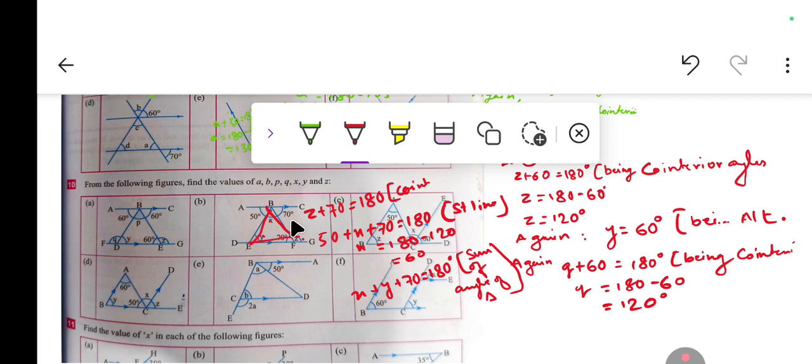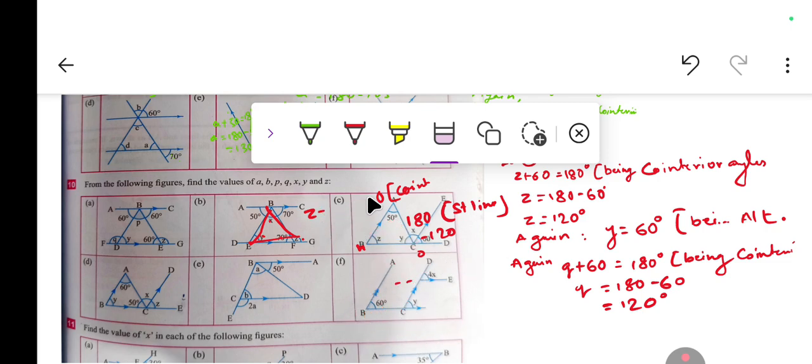If you add them, it becomes 180 degree, and you'll get the value of y by putting the value of x is equal to 60 degree. 60 plus y plus 70 is equal to 180, so y is equal to 180 minus 130, that is equal to 50 degree. So in this way question number 10b can also be solved. Now moving to the next question, number 10c.